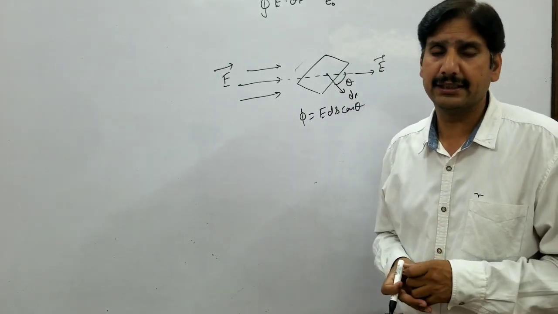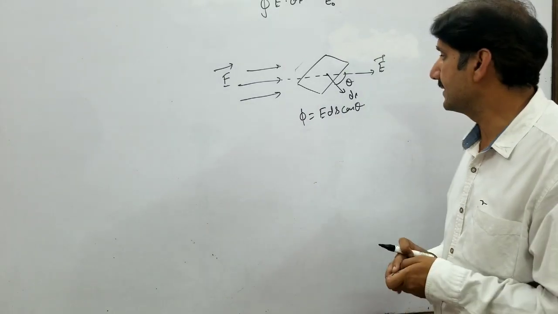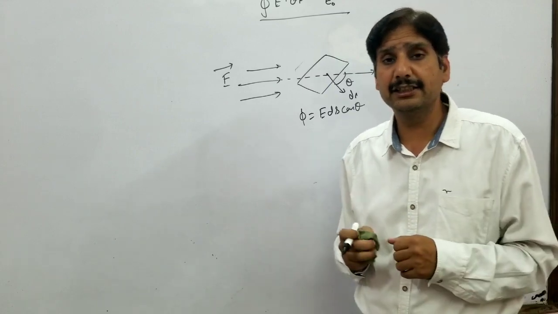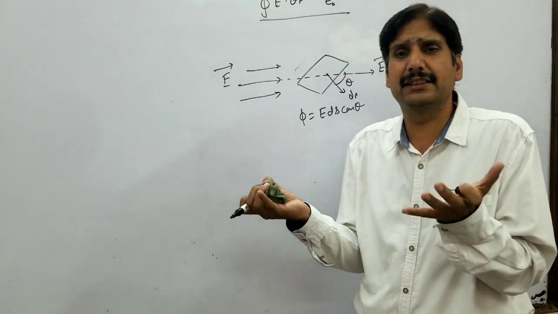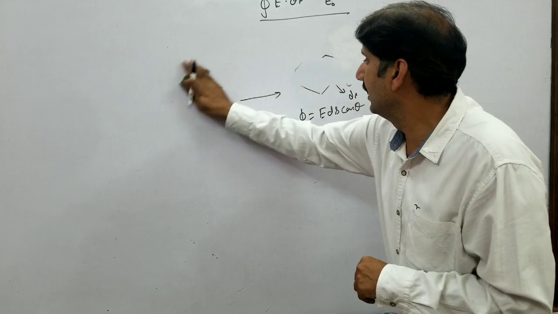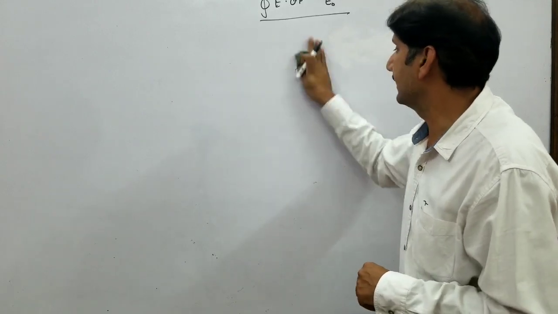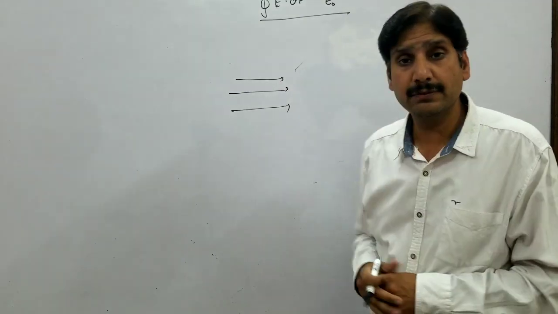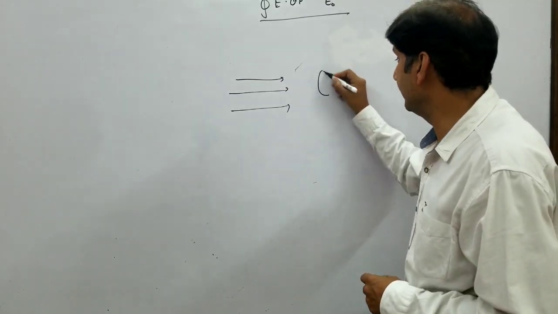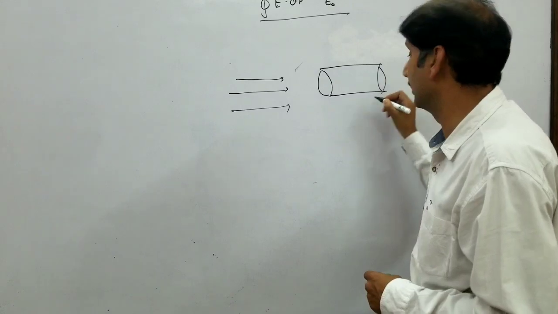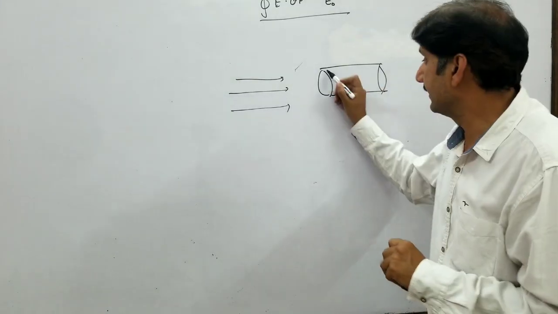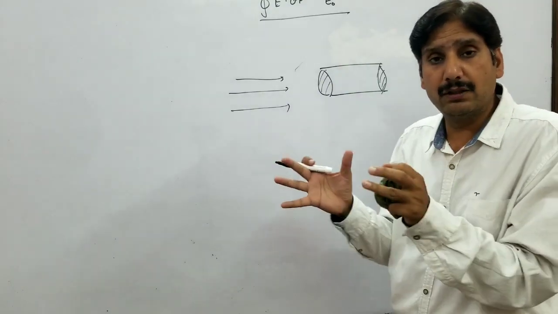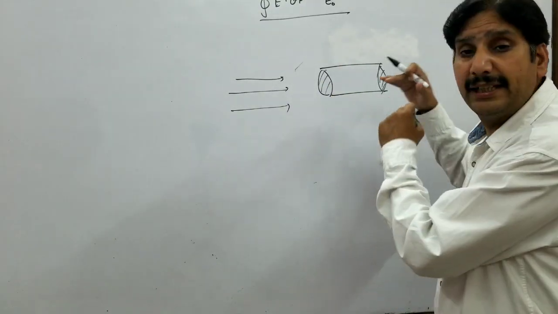I will discuss two more cases where the surface is closed in nature. How would you do that? Let's say there is some electric field existing in a region and a closed cylindrical surface. This means the caps and the curved surface, all put together, make it a closed surface.